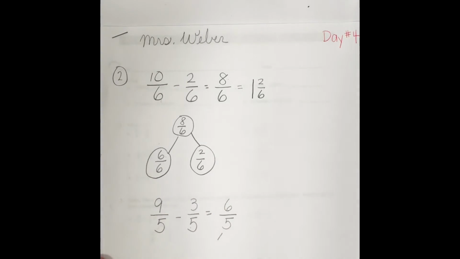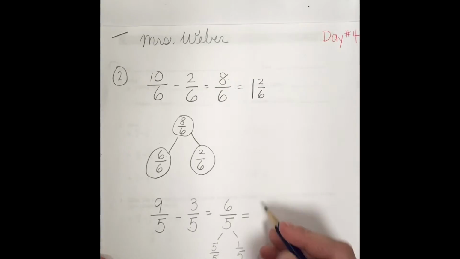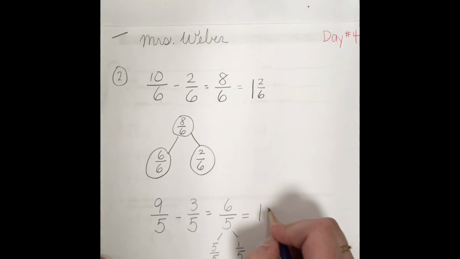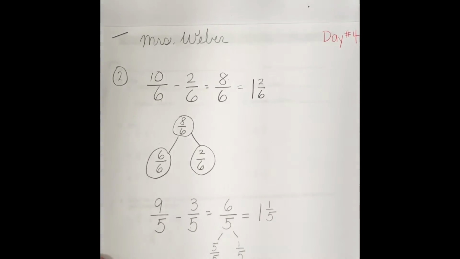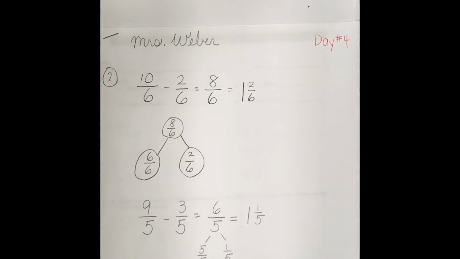How many fifths does it take to equal a whole? 5 fifths. 5 fifths plus what is equal to 6 fifths? That would be 1 fifth. So this 5 fifths is equivalent to 1 whole, and the fractional part is 1 fifth. So another way to write 6 fifths is 1 and 1 fifth. All right, so we use the visuals of a number line and number bonds.